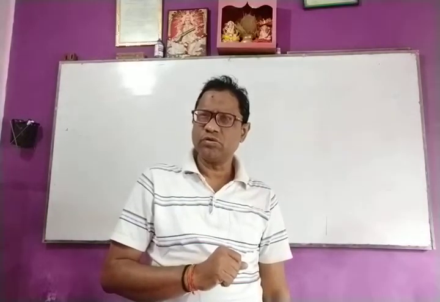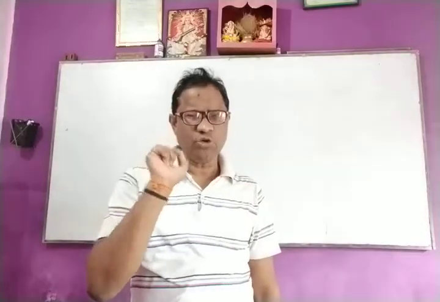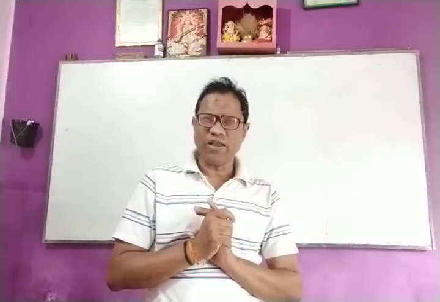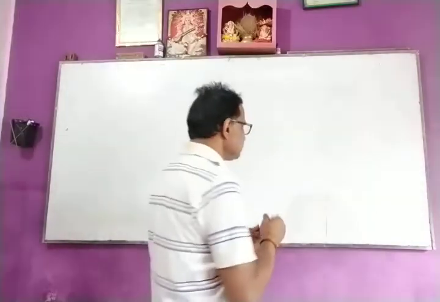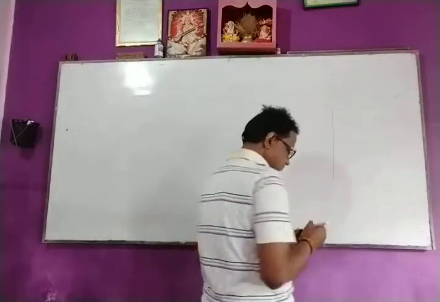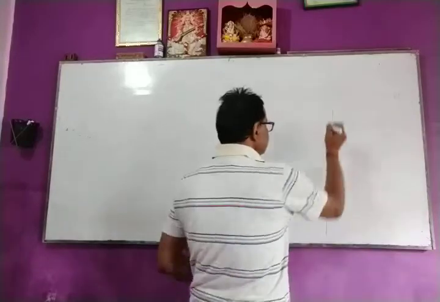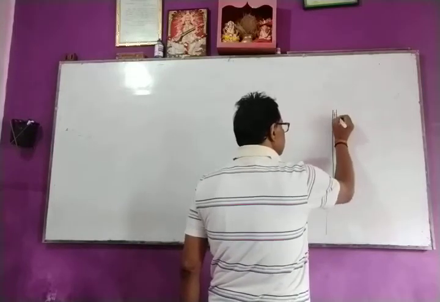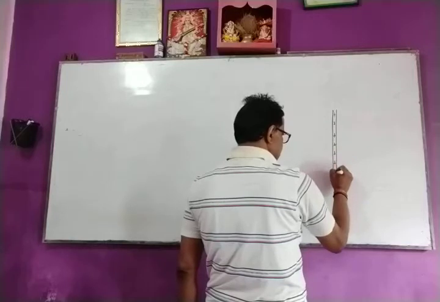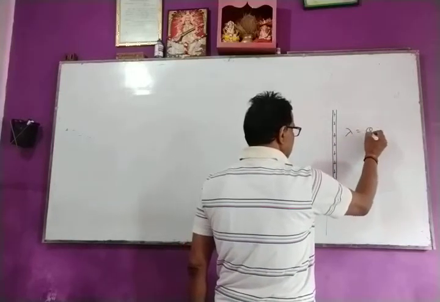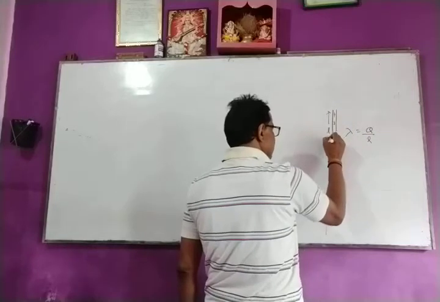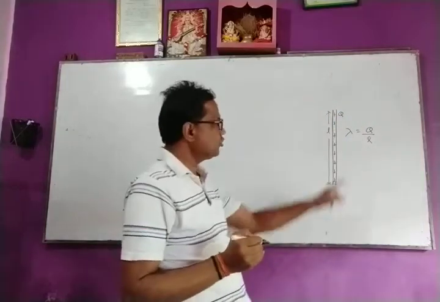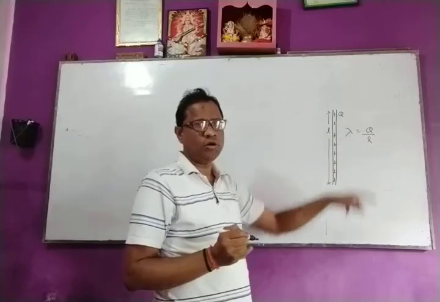If a charge Q is uniformly distributed along a line of length L, then lambda is equal to Q by L. If charge Q is distributed over length L, then linear charge density lambda is equal to Q upon L.